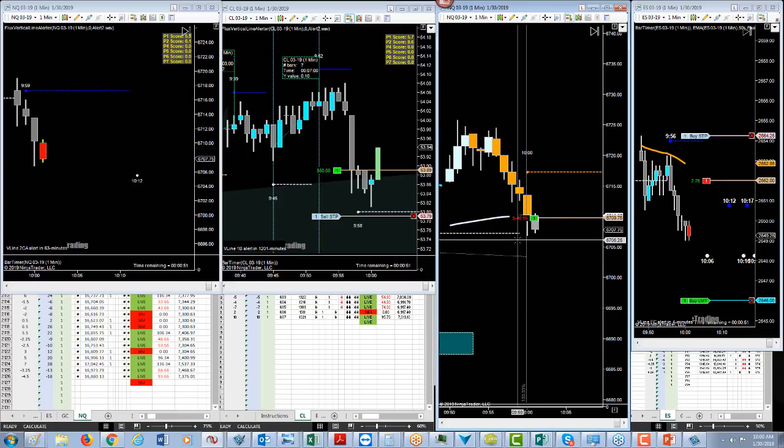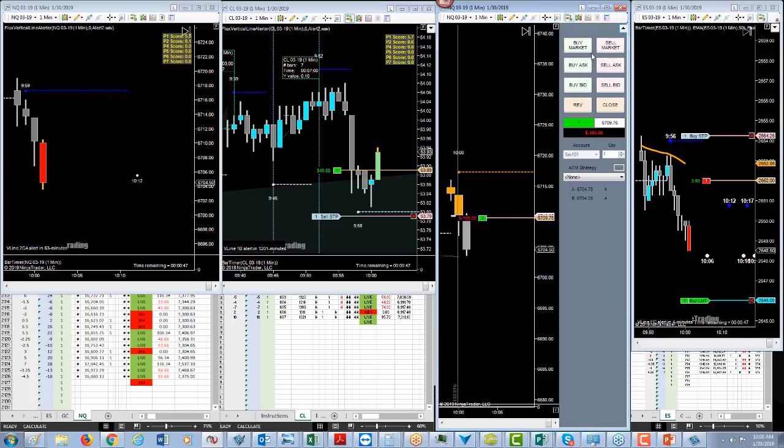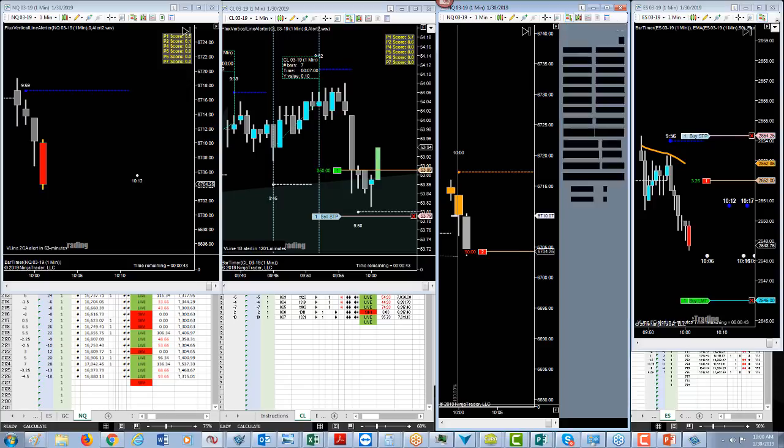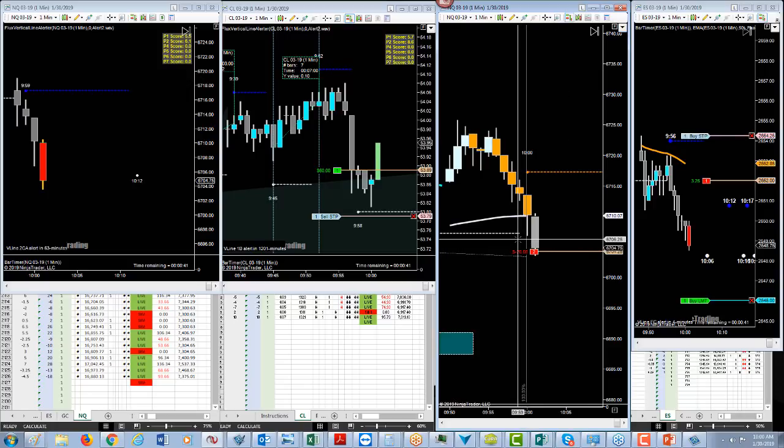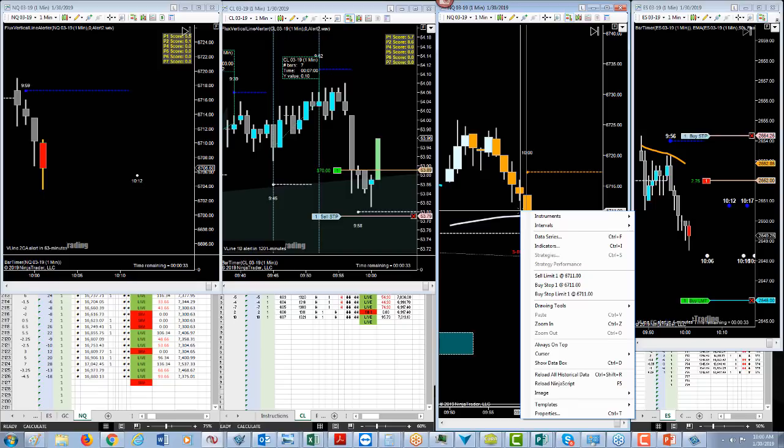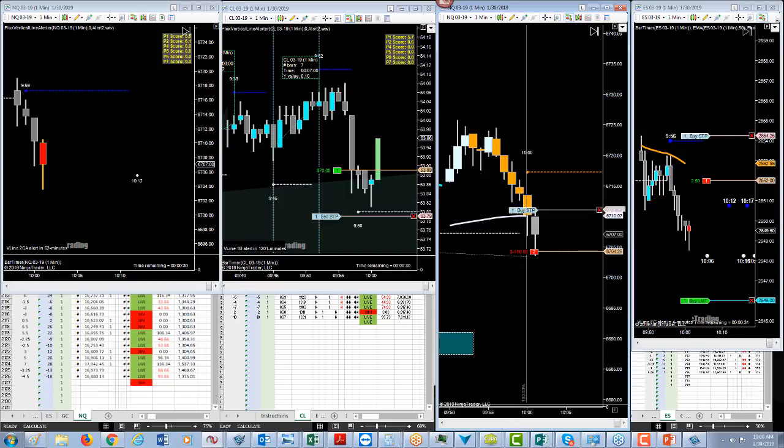At the MA, I'm going to put a sell stop right here. Dang it. I wanted to catch the breakout out of the low if it went below the low. I didn't get it in time.